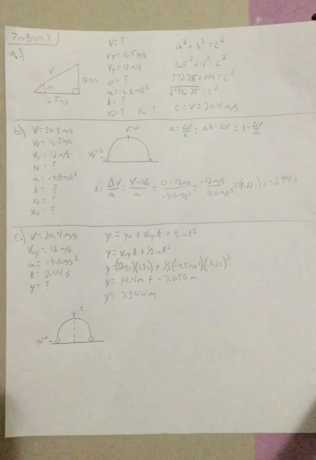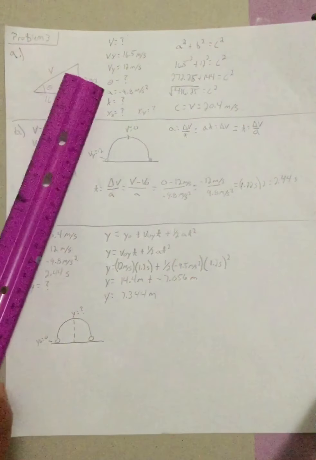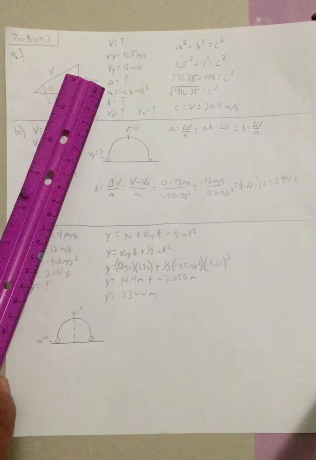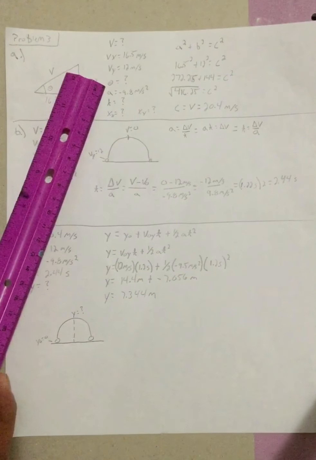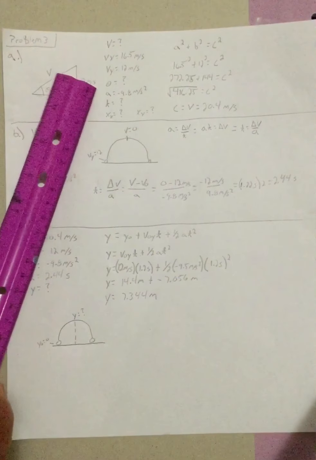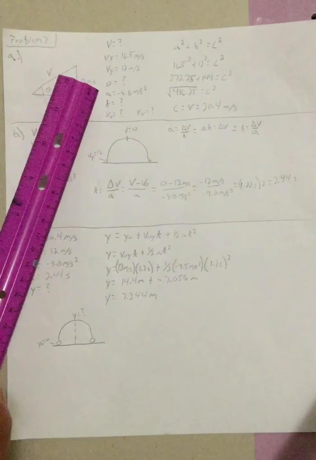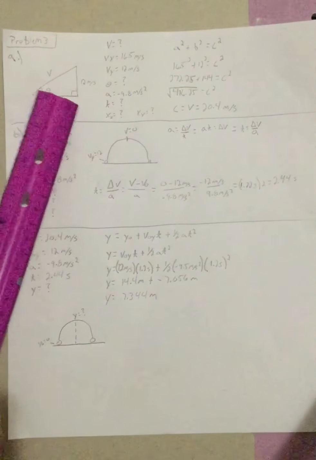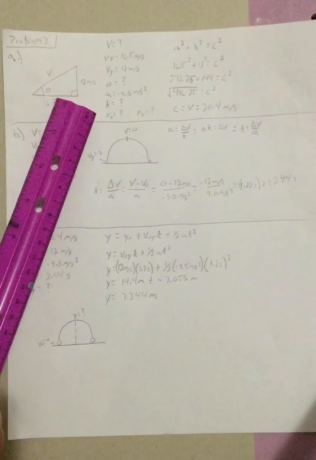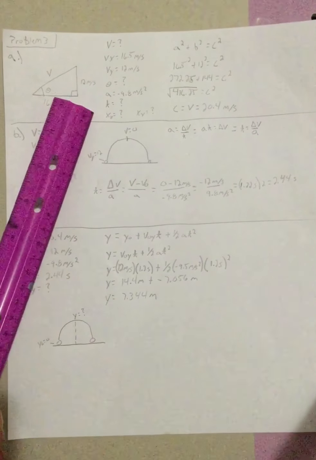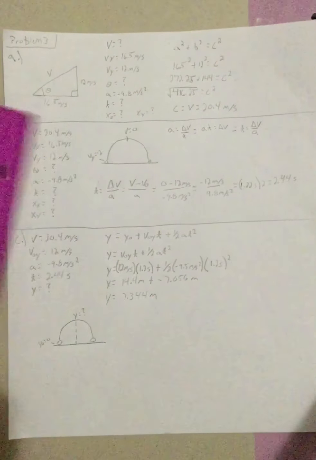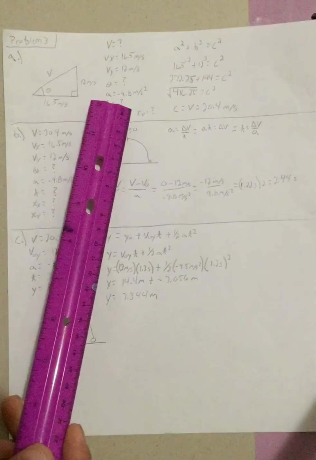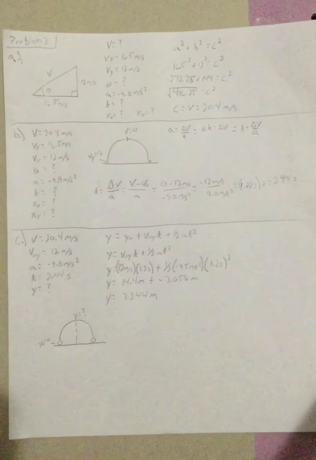There's a few other givens too that we can note as well, that the acceleration, at least in the vertical direction, is negative 9.8 meters per second. We don't know theta, we don't know time, we don't know the x distance, the horizontal distance that the ball goes, and we don't know the vertical distance that the ball goes as well.